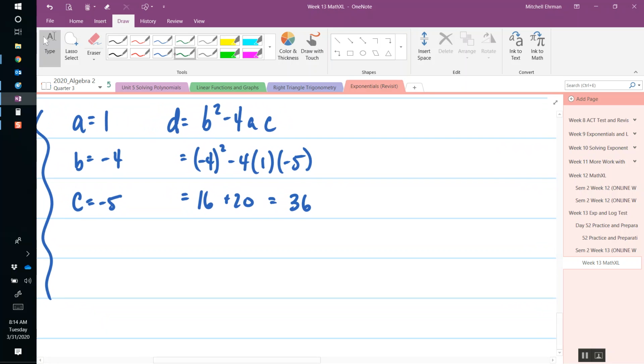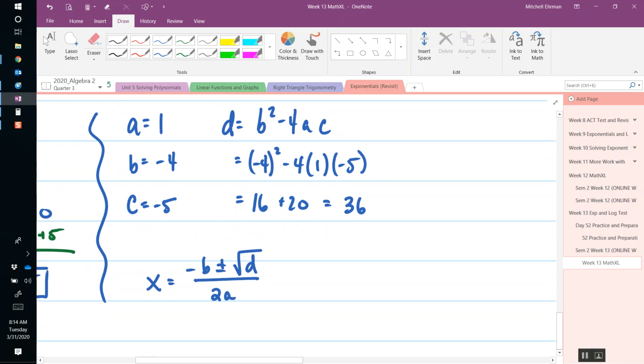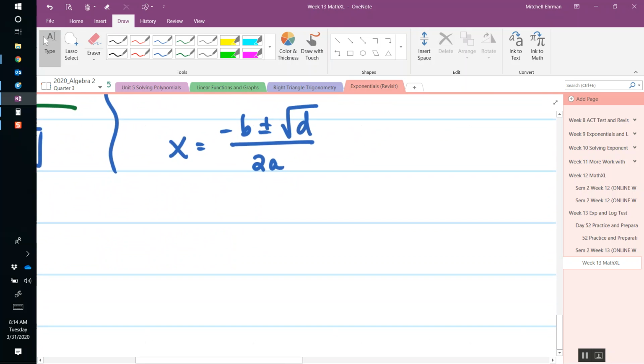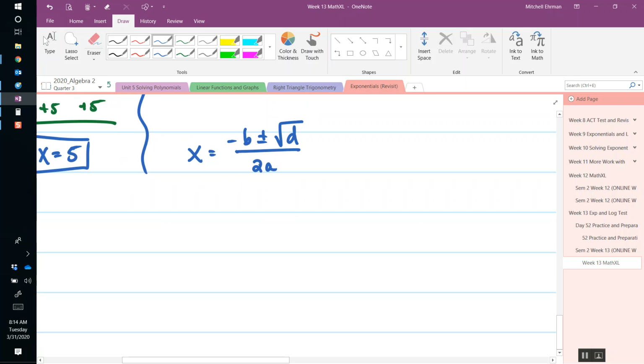If we solve the quadratic formula, I'll go ahead and do it down here. x would be equal to the opposite of b plus or minus the square root of our discriminant divided by 2a. And this is where, again, we're referencing old content at this point. This particular process was practiced a bunch during first semester. But we've got the opposite of b.